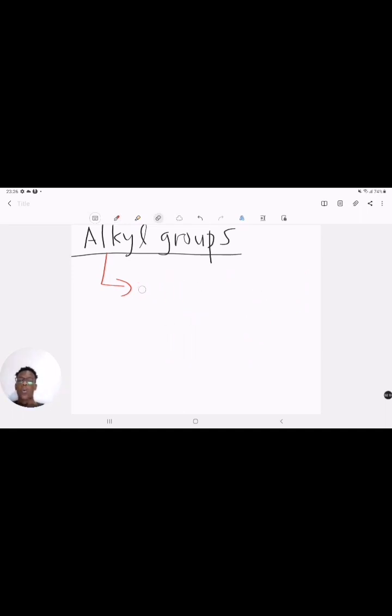Now, what are alkyl groups? I'm going to explain them in the form of an example. So let's say you've got a compound, a hydrocarbon, with C and then 4 bonds around all the carbons.